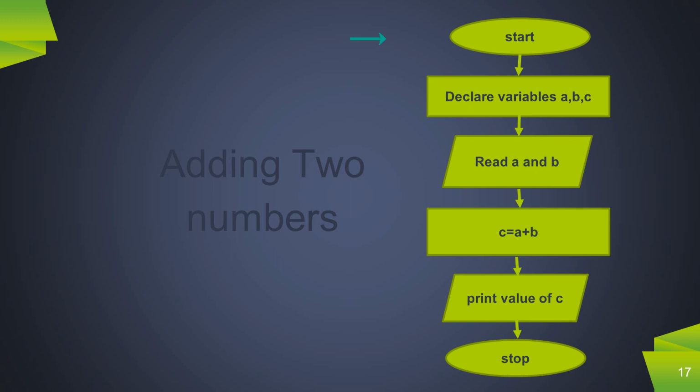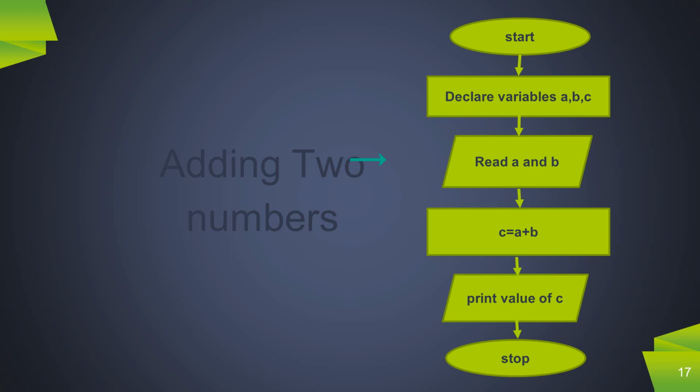In the next step, I have shown the rectangle box in which I have written declaring variables a, b and c. So my declaration of variables will come in this box. This box is used for processing. After processing, the box which you are seeing is a parallelogram. It is used to read input from the user.